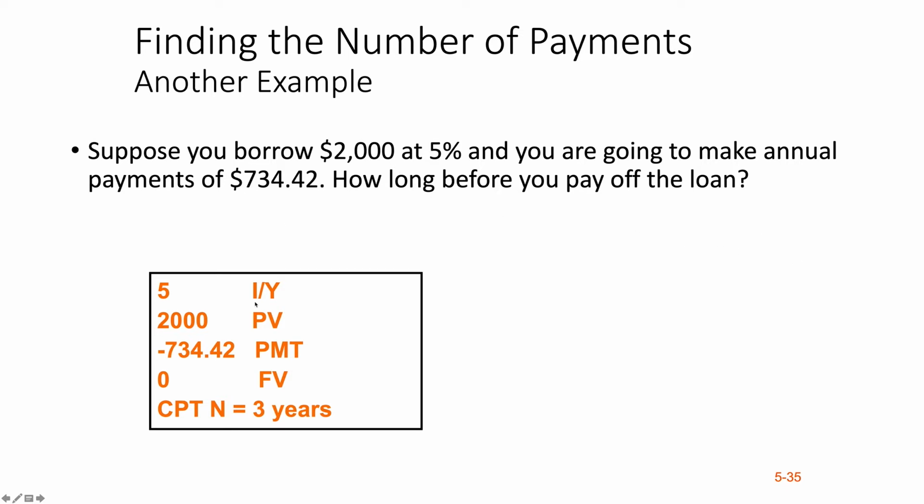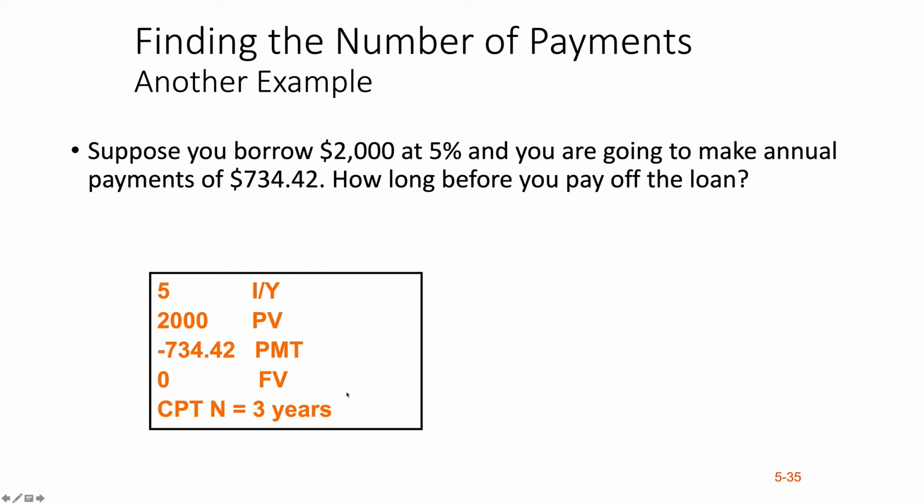The payment is 734.42. You compute for N. Remember, the signs of present value and PMT must be opposite. Otherwise, the financial calculator will show you an error message. Then you have the opposite sign. So it takes 3 years for you to pay off the loan.